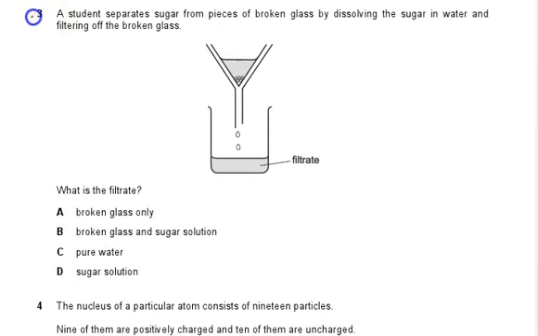Okay, now for question number 3. A student separates sugar from pieces of broken glass by dissolving the sugar in water and filtering off the broken glass. So this is the filtrate and this is the residue. What is the filtrate?